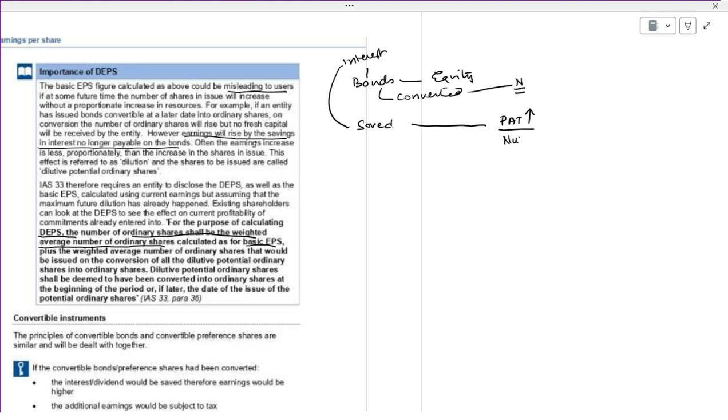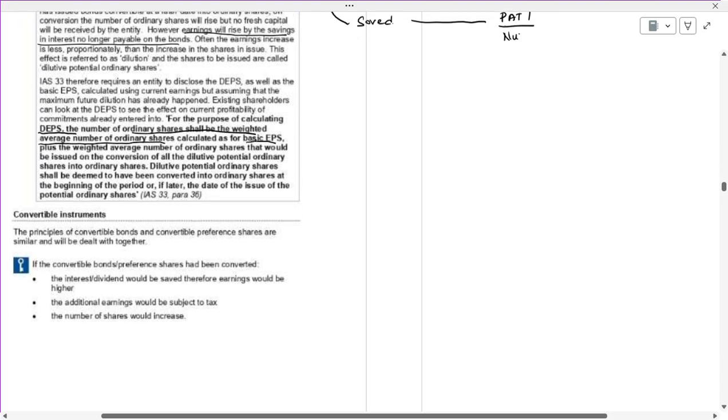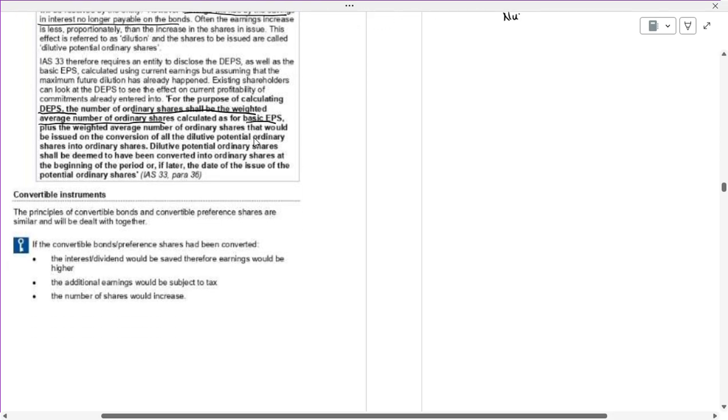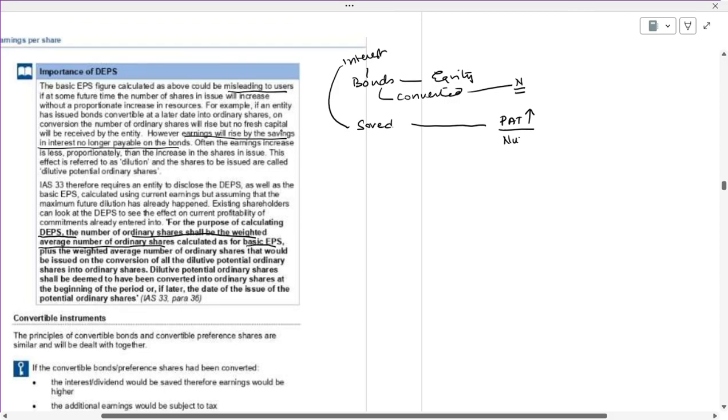Again, I'm repeating: if we convert the bonds into equity shares, what will happen? Then what will happen?